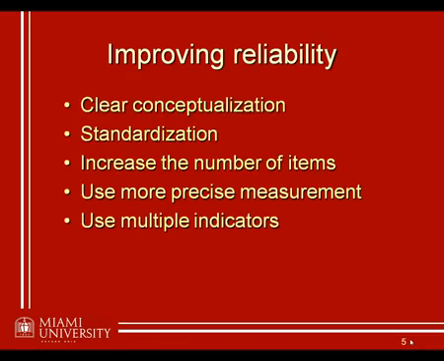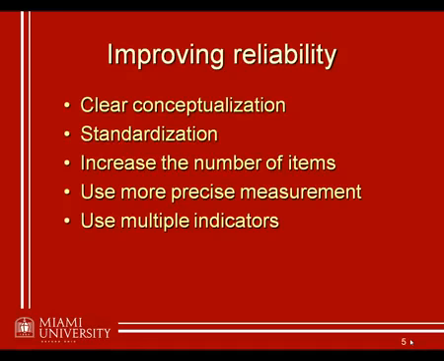Another thing is to use multiple indicators. So rather than just having one specific measurement of a construct, such as a judge's rating, okay, or just a self-report, what you might use is multiple different ways to indicate the same sort of thing. So when we talk about something like anxiety, we might use one type of measurement, such as self-report, but we might use something else, such as nervous tics or things that have come up in class that an observer might be able to rate, in addition to something like physical quantities, like heart rate, perspiration, some of these other things.